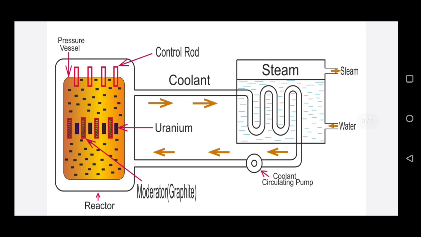These are collectively called nuclear fission products. The extra high speed neutrons released in the above reaction will also split more nuclei and more energy is released, and the process goes on.